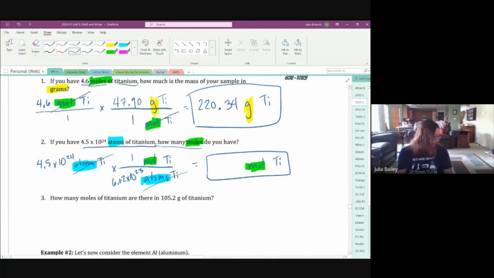Again, you can divide this on a calculator on your phone, which with the scientific notation is not super convenient, but you can do it. You can use Google Sheets. You can use a TI-84 or TI-83 Plus or like whatever you have. If you have a Chromebook, you can use that Chromebook calculator too. I'm giving you options, but either way, if you're dividing it correctly, you should end up with 7.48 moles of titanium.